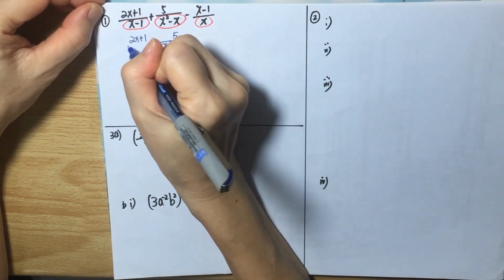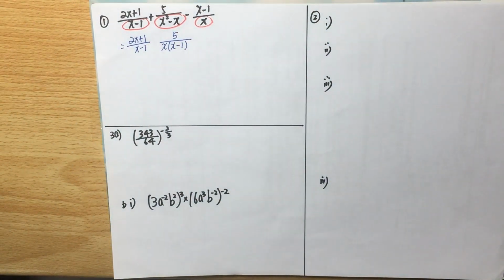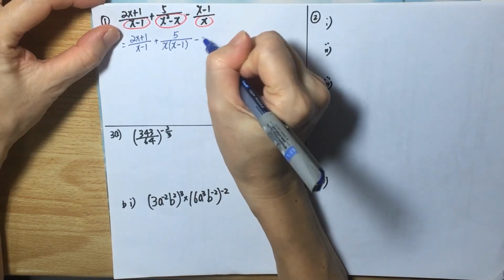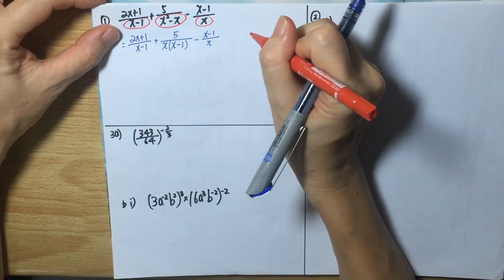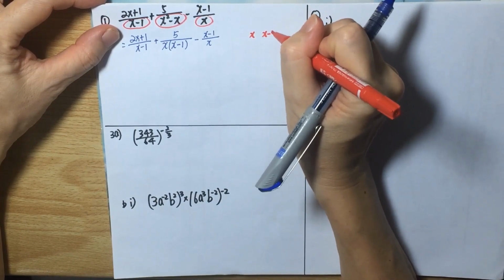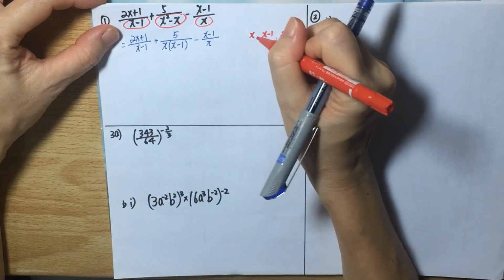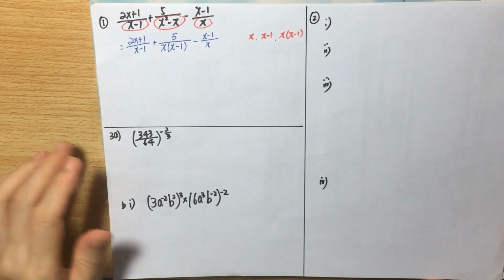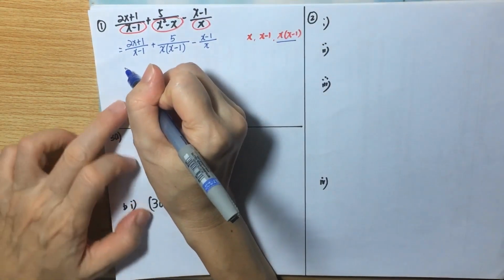Now we are going to find the common denominator of x minus 1 and x times x minus 1. So for these three denominators, the common denominator will be the product x times x minus 1.